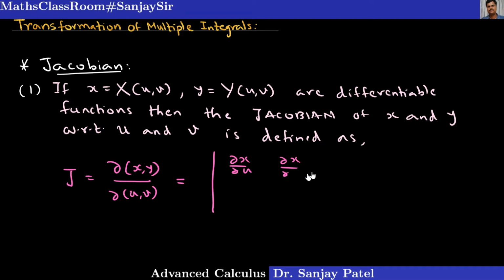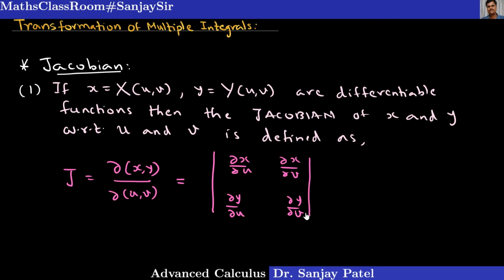The first row is all possible partial derivatives of x with respect to u and v, and the second row is all possible partial derivatives of y with respect to u and v. So delta y by delta u and delta y by delta v. So this is our Jacobian. It is a determinant.